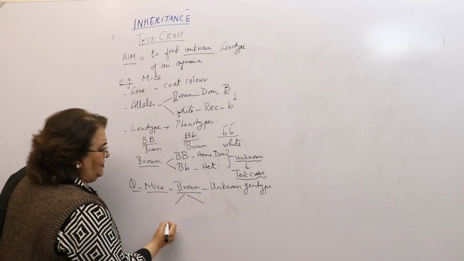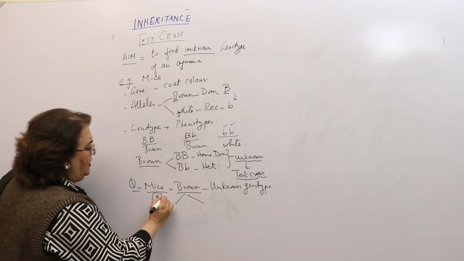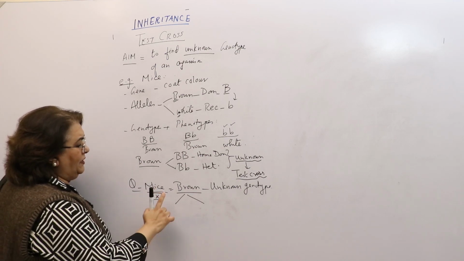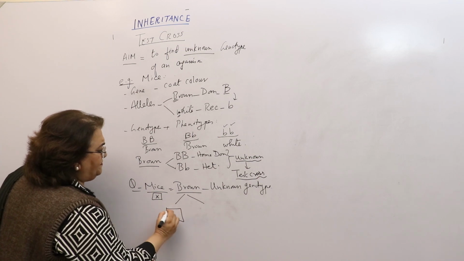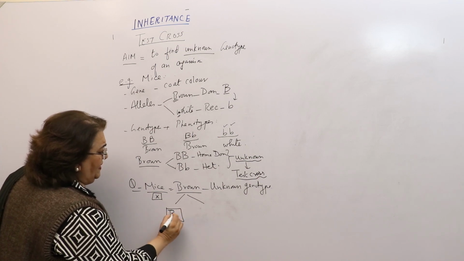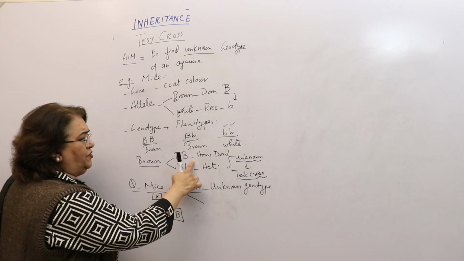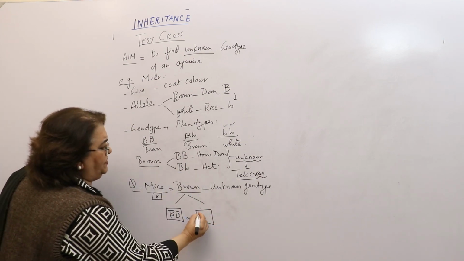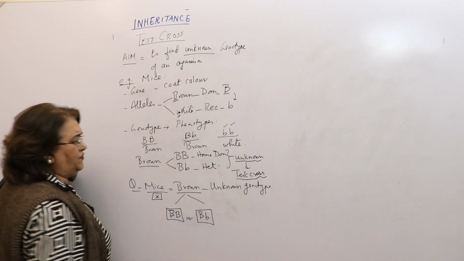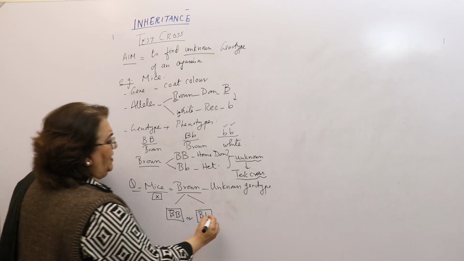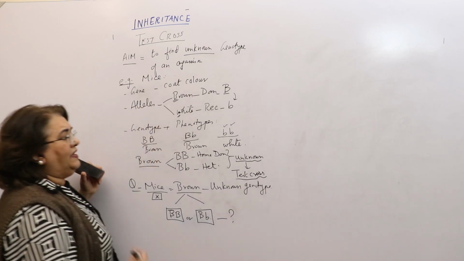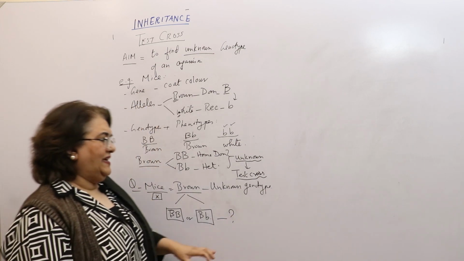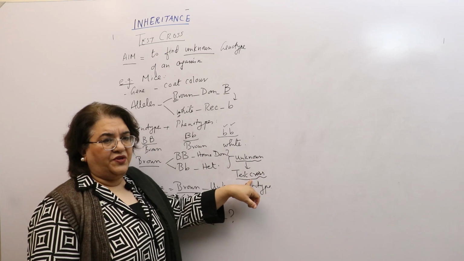Let's call this Mr. X; we don't know what this is. It could either be capital B capital B, that is homozygous, a pure breed, or it could be a heterozygous form. How do I find this out? Is there a process, a way by which we can find out? Yes, we can do a test cross on this, right?